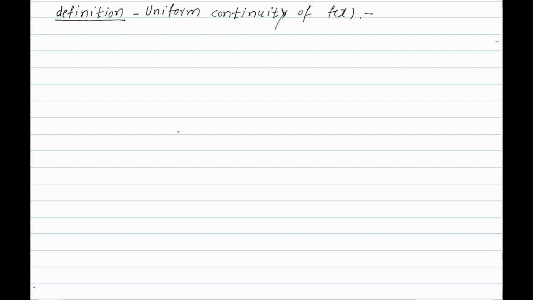Next definition, uniform continuity of f of x.